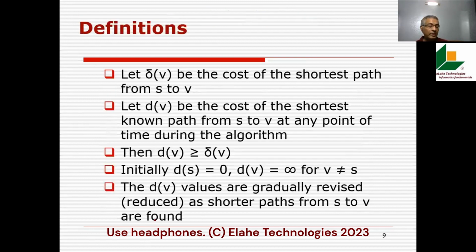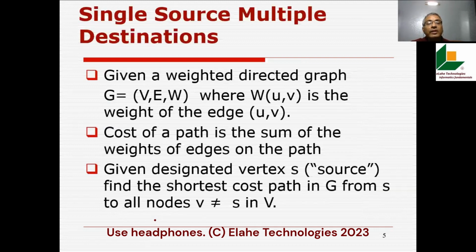So before we get on to any algorithm for the shortest path problem, let us go through some very simple definitions to make our descriptions clearer. So we'll let delta V be the cost of the shortest path from S to V. Remember, we are trying to solve the shortest path problem on a directed graph with a designated node S, and we want to find the shortest path from S to all other nodes V not equal to S. This is the variant that we are trying to solve: single source, multiple destinations.